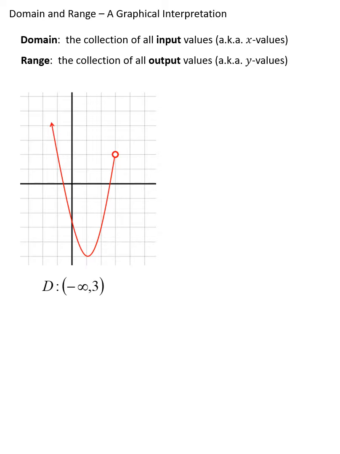And so when I think about the range, I have a realization that any of the y values represented in this shaded green arrow are possible outputs to this function, but nothing lower than -5 would be a possible output because there are no points there.